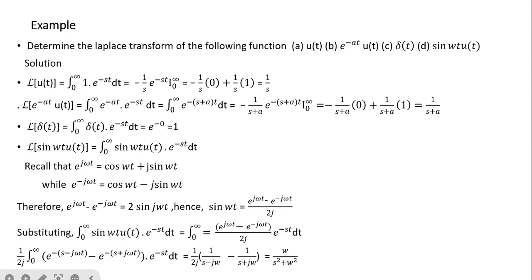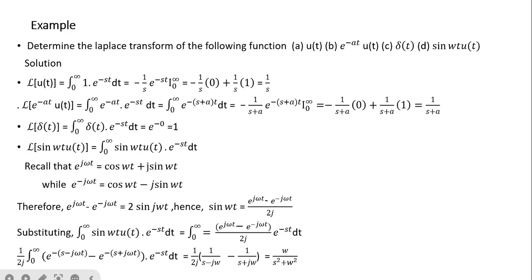This is going to be 1 all over exponent st. So if t is 0, it's going to be 1 all over exponent 0, which is 1 all over 1. And that's why you're going to have 1 here. Mind you, this 1 over s is multiplying everything inside here, because we're considering infinity minus 0. So you're going to have 1 over s times 1. When you do your arithmetic here, this side becomes 0, and you're going to be left with 1 over s.